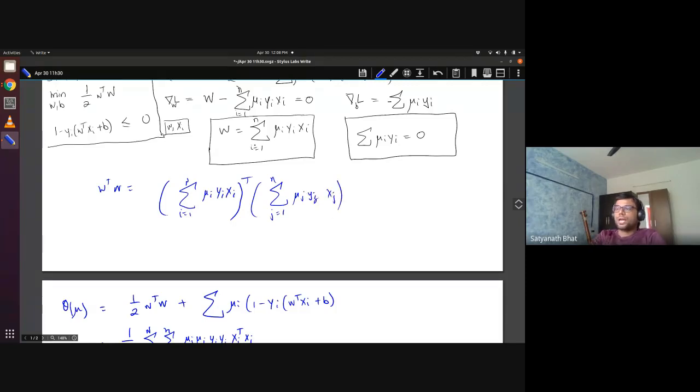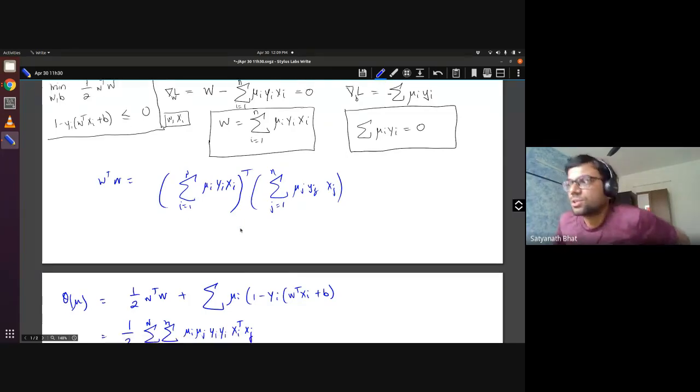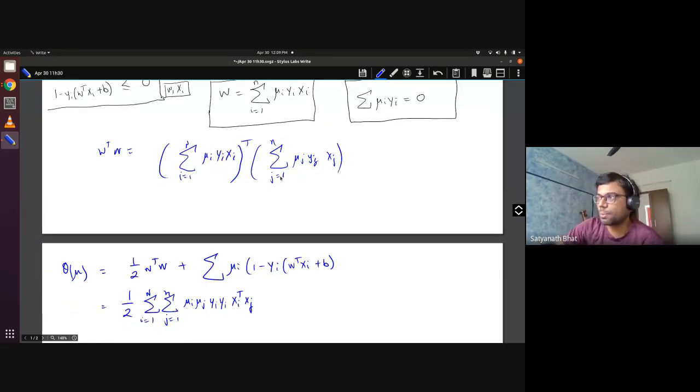So then you try to open this carefully. Remember that mu i's and yi's are single numbers. Xi and xj are the vectors. If you simplify properly, you will get that.